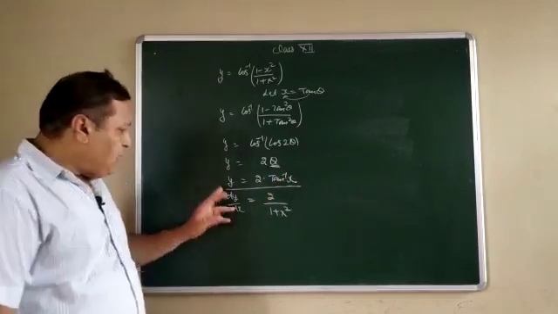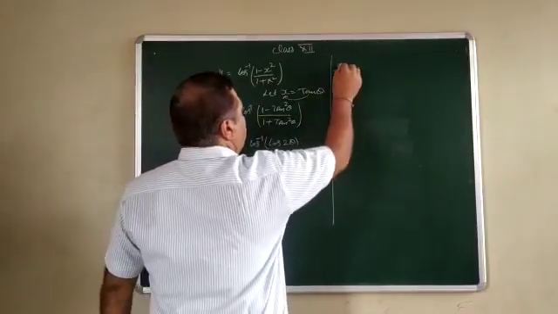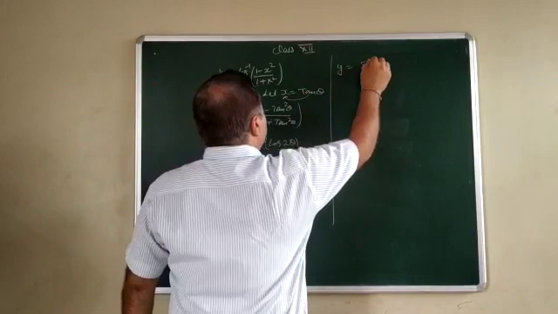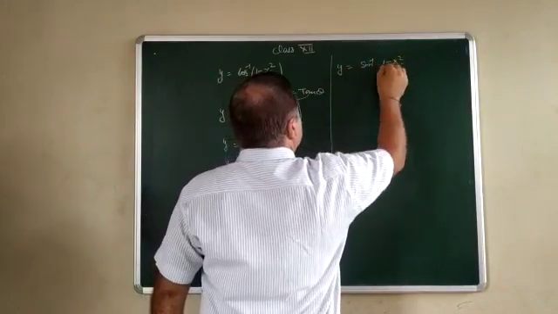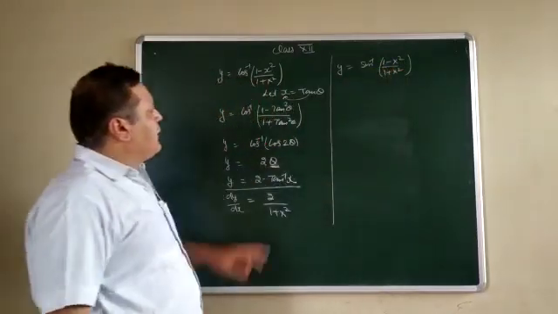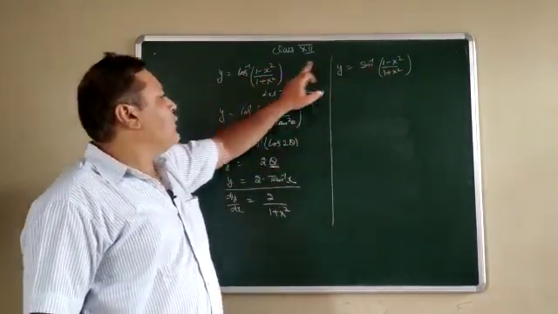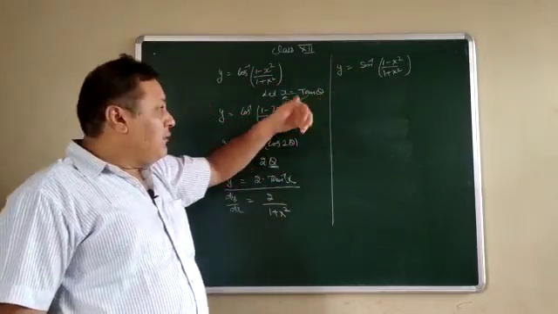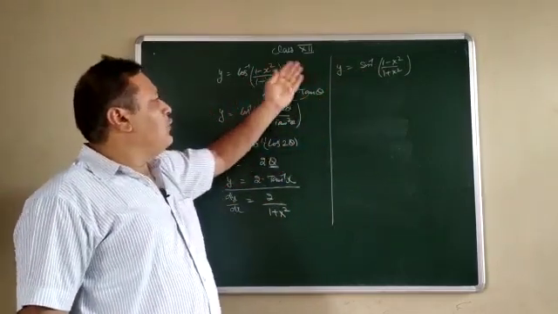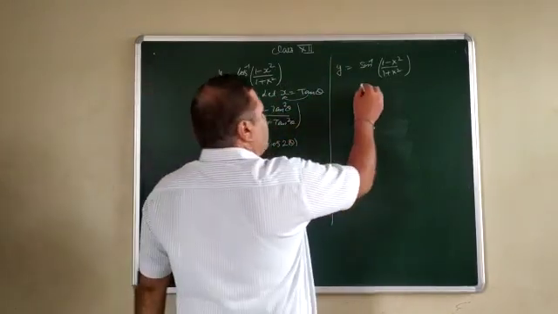See, if the same question is given to you in this form, y is equal to sine inverse of (1 minus x square) upon (1 plus x square). Now if you observe this statement, they are exactly the same, with only the difference of cos inverse and sine inverse. We know the formula of cos, we don't know the formula of sine, but let us try and see how we can go for the change.